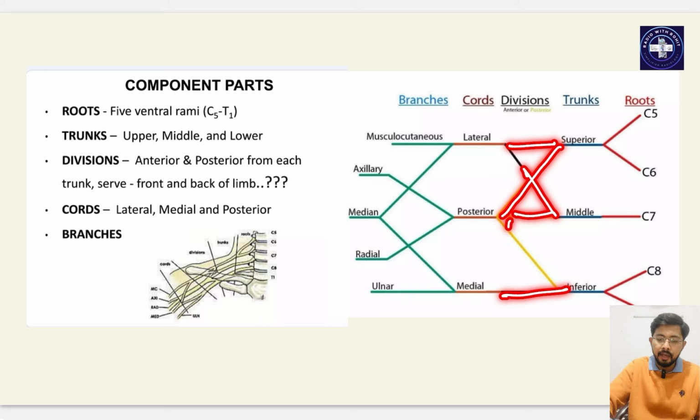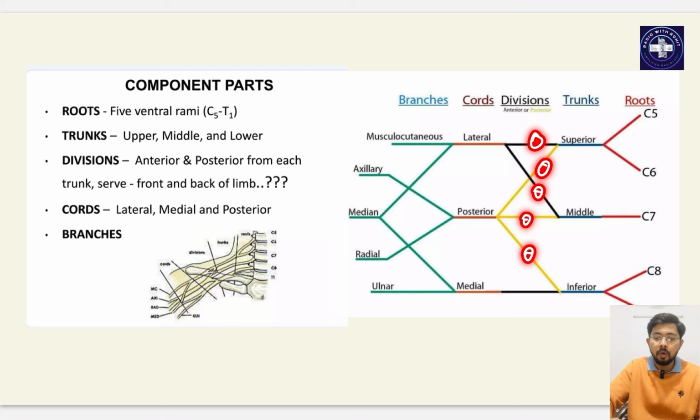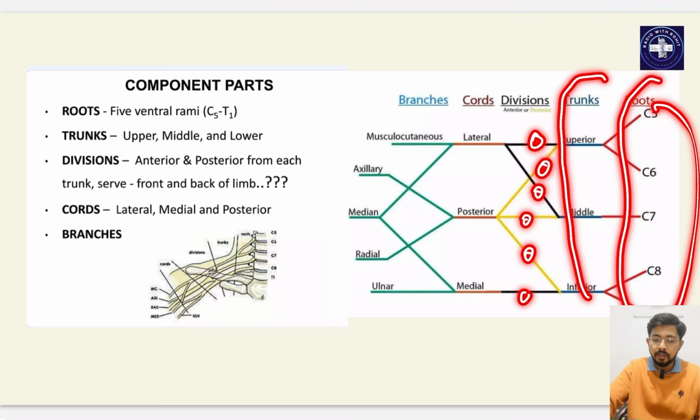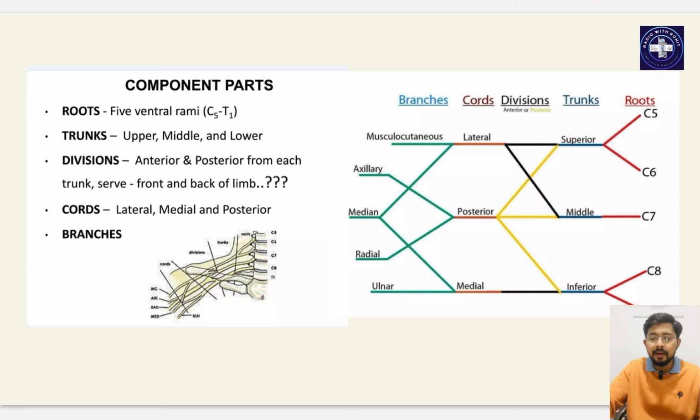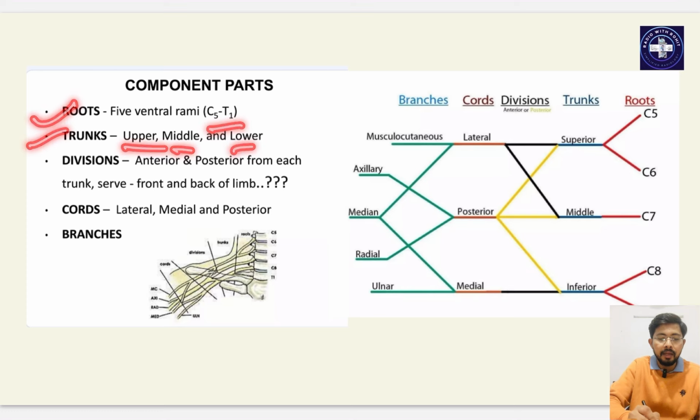These anterior and posterior divisions are called divisions. So first we have the 5 roots, then the 3 trunks, superior, middle and inferior, and these 3 trunks divide into anterior and posterior, so totally we have 6 divisions. So we have roots C5 to T1, trunks upper, middle and lower, and divisions anterior and posterior.